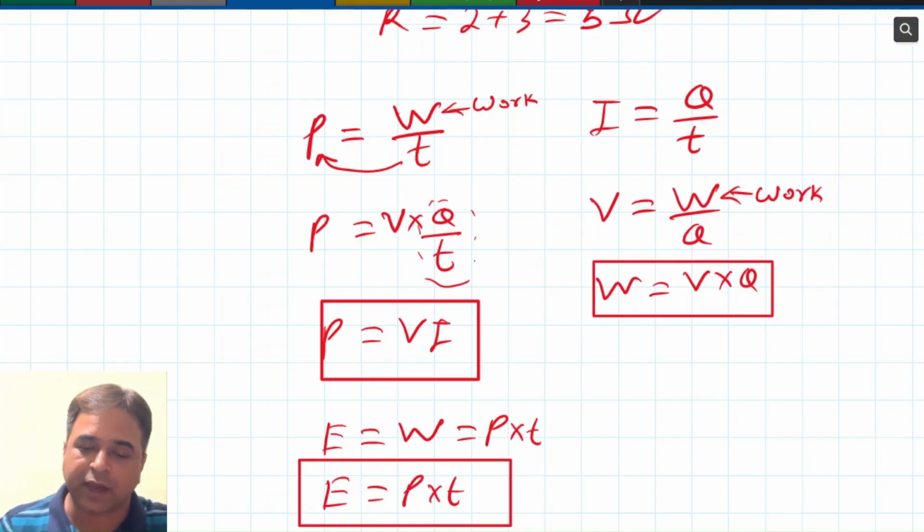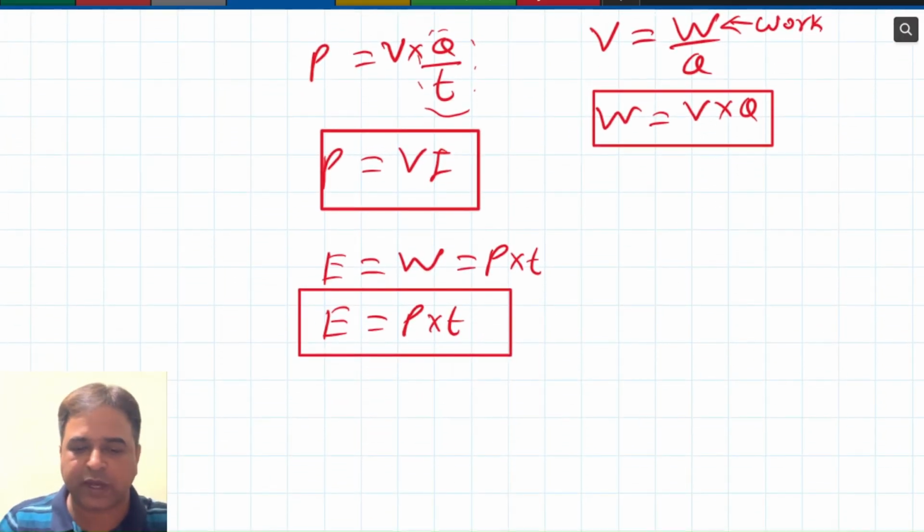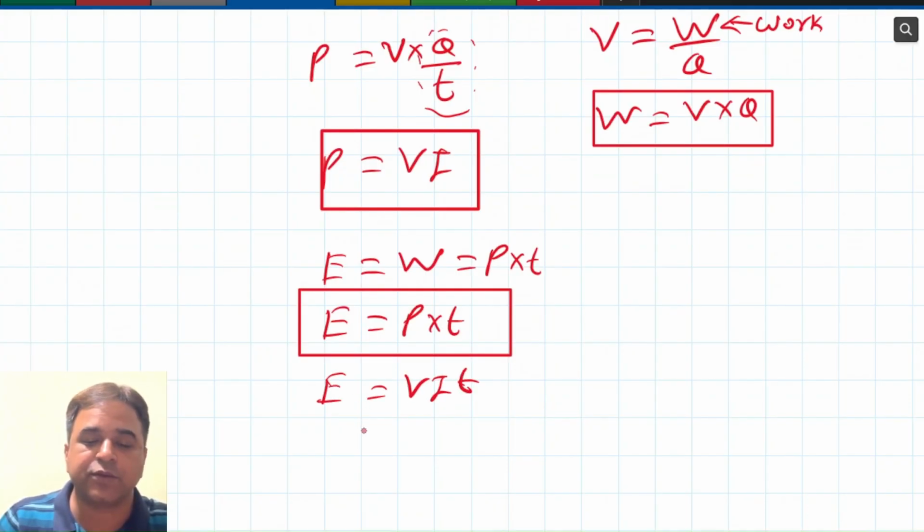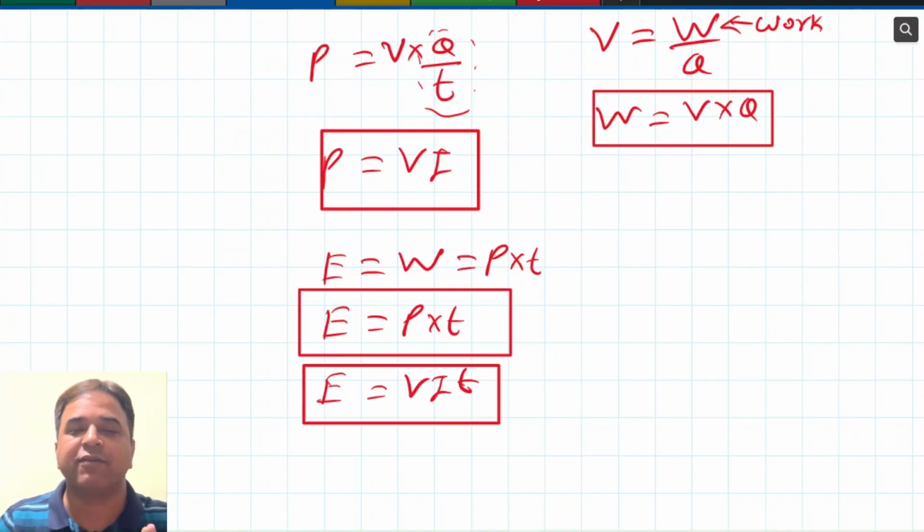Now if you substitute the value of power, V into I, energy is equal to V into I into T. This is used when you are given time, electric current and voltage. Or else, if you are given voltage and current, you can find out power and multiply with time.